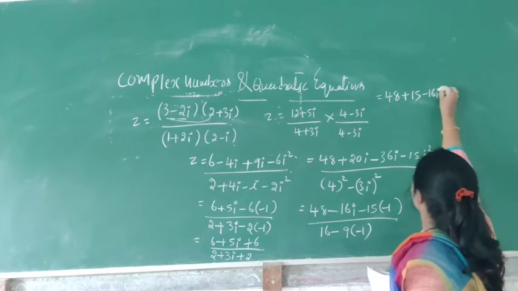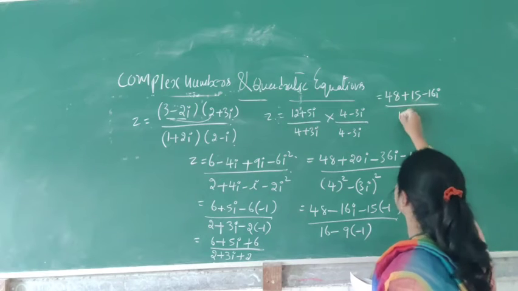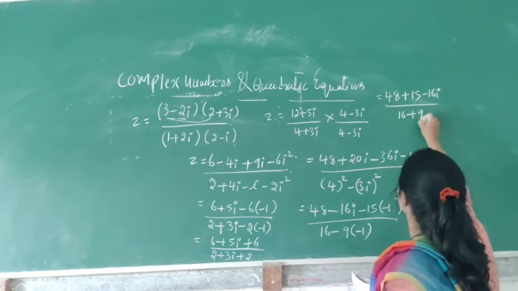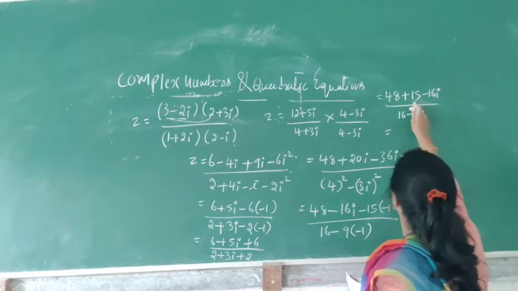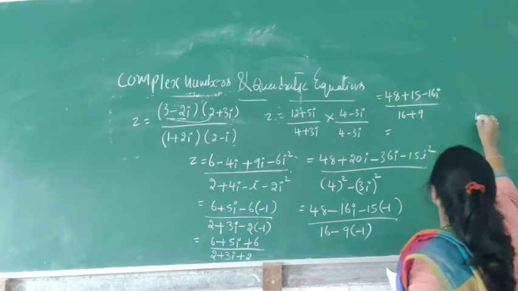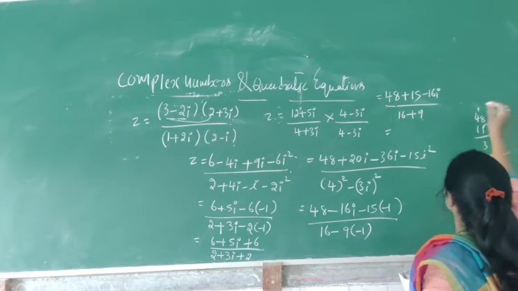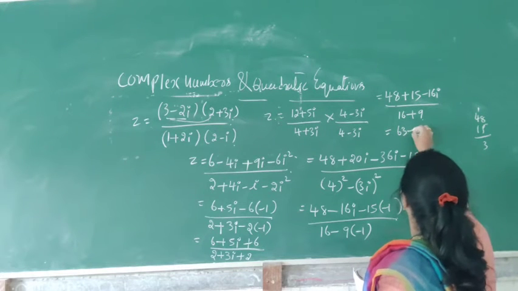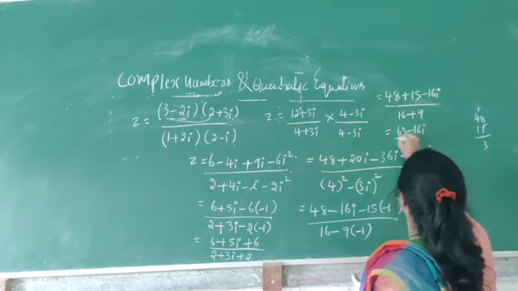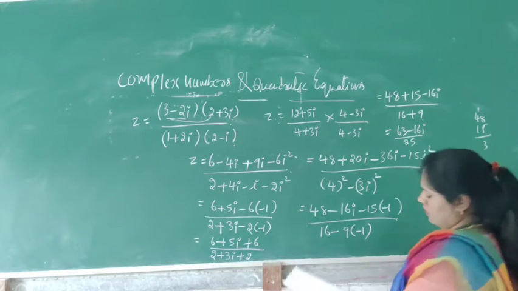Minus 16i divided by 16 plus 9. So 48 plus 15 is 63. So 63 minus 16i divided by 25.